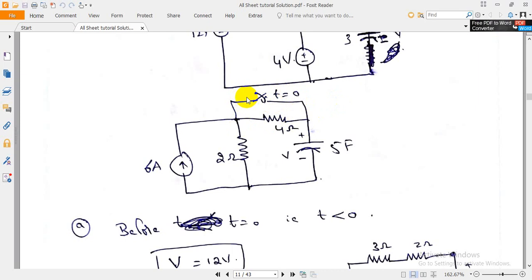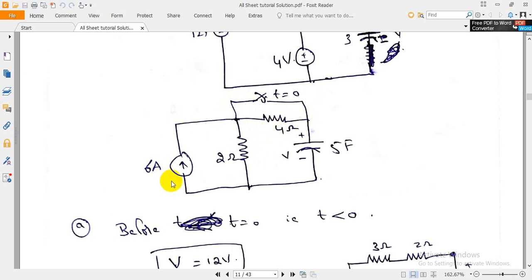Whereas when t is less than 0, this connection is established, and there is no connection here before t equal to 0. So this 4 ohm will be connected. This you have to understand.